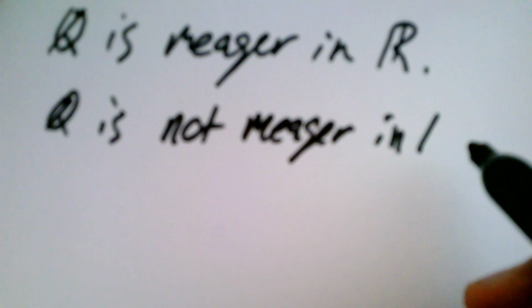Actually, it is meager in itself. We showed that N is meager in R. We showed both of these yesterday, I'm pretty sure. So we're going to show that N is not meager in itself.